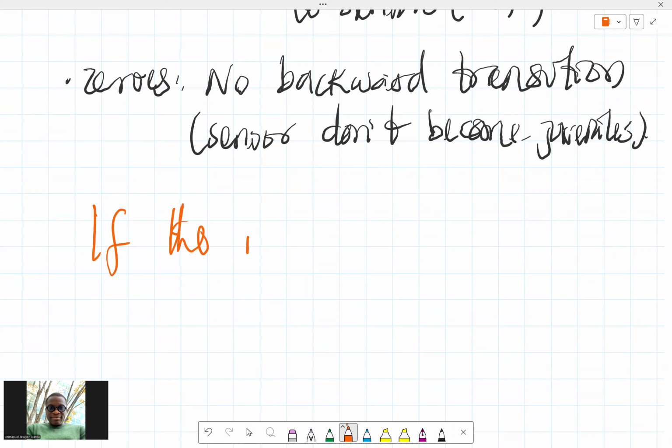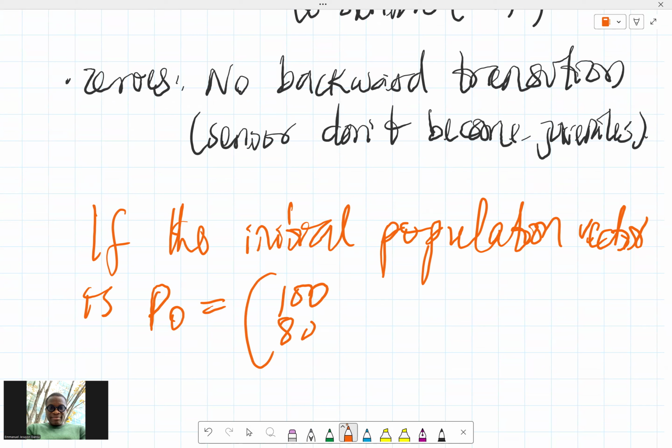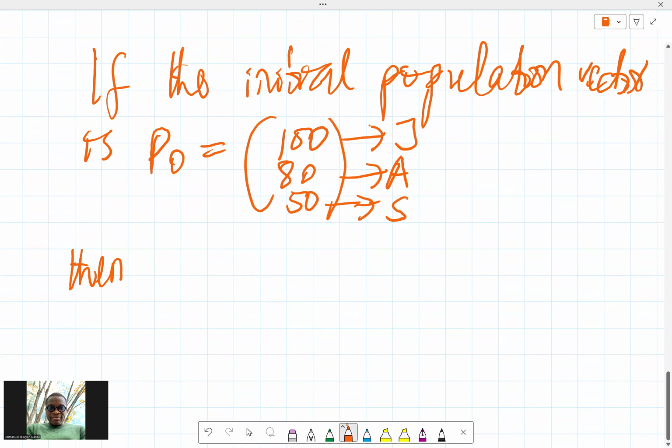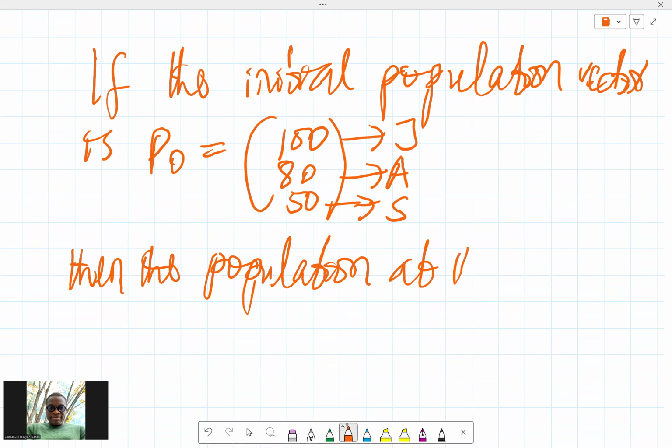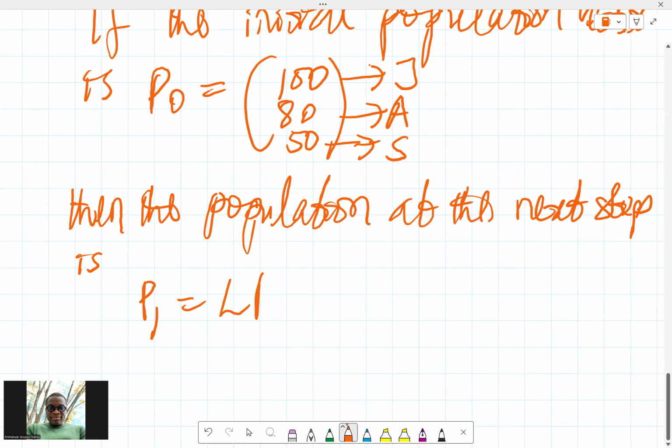If the initial population vector is P naught, which is equal to (100, 80, 50), meaning we have 100 juveniles, 80 adults, and 50 seniors, then the population at the next step is P1, that is P1 equals L times P naught.